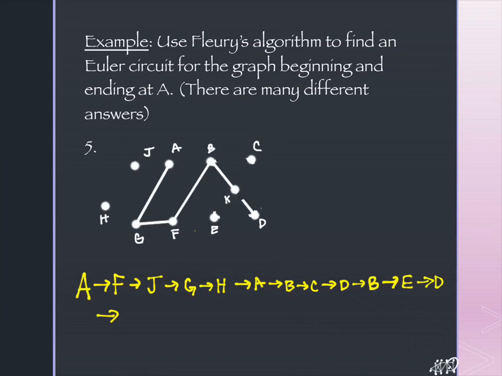I have to go back up to K, and then K has to go to B. So I've got D, then K. And then I'm, sorry, did I write G twice? I did. I meant to say K, then B. Okay, after B, I'm done. I mean, not done completely, but I'm done in the sense of making more choices.